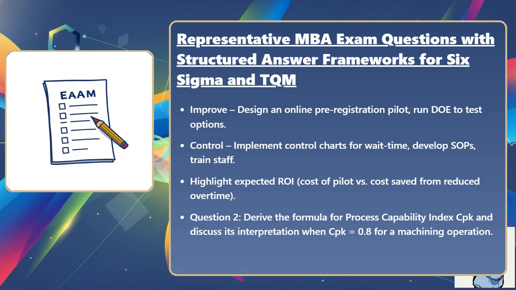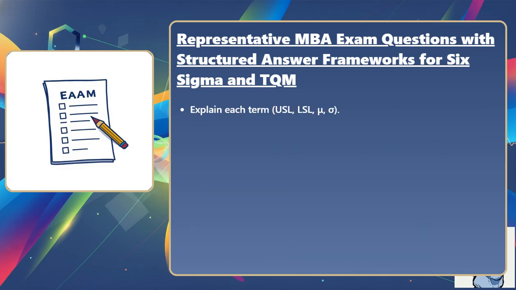Question 2: derive the formula for Process Capability Index Cpk and discuss its interpretation when Cpk equals 0.8 for a machining operation. Show formula: Cpk equals the minimum of (USL minus mu) divided by 3 sigma, (mu minus LSL) divided by 3 sigma. Explain each term: USL, LSL, mu, sigma.